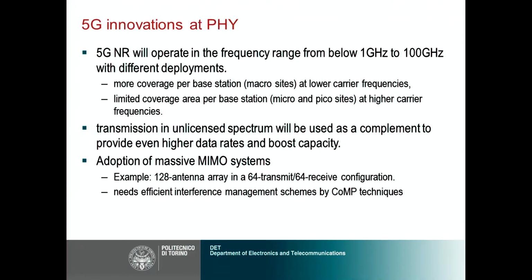One of the differences we'll see in 5G is a different use of spectrum. There will be other portions of the spectrum that are going to be used. I told you yesterday that we don't know exactly for sure what these portions will be, because they will be consolidated in 2019 at the World Radio Conference. Until then, what we know is we are certainly going to have portions of spectrum that go up to 100 gigahertz.